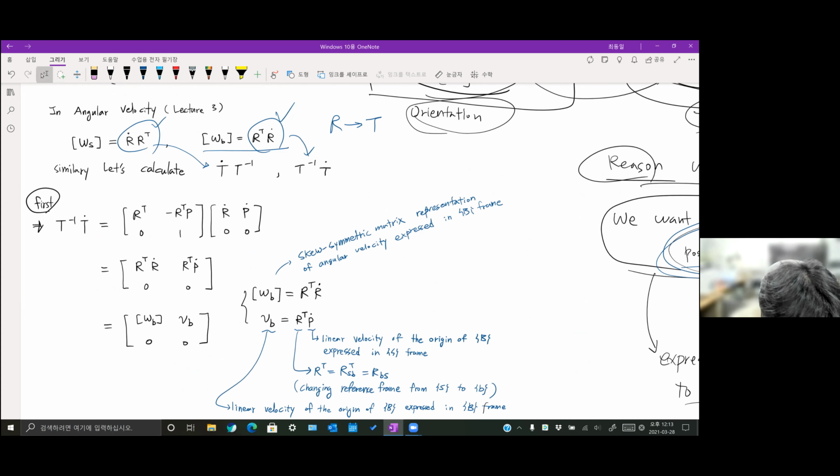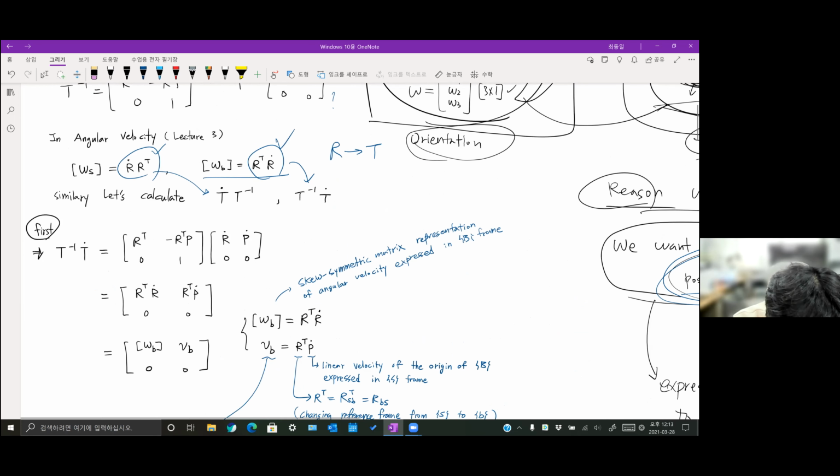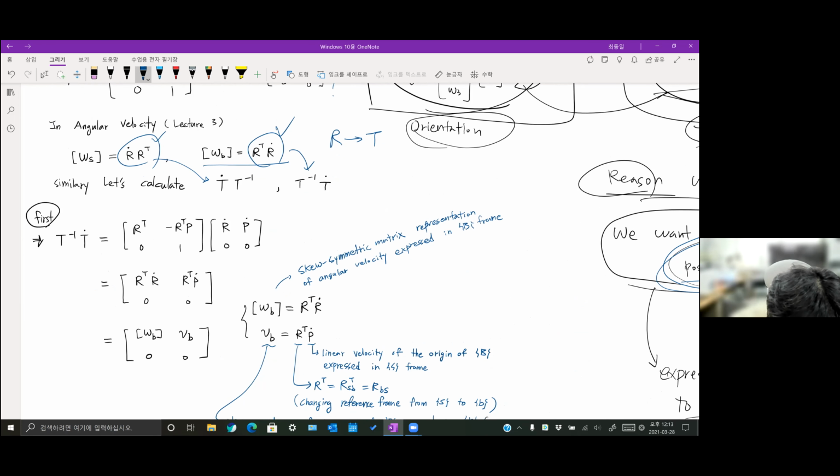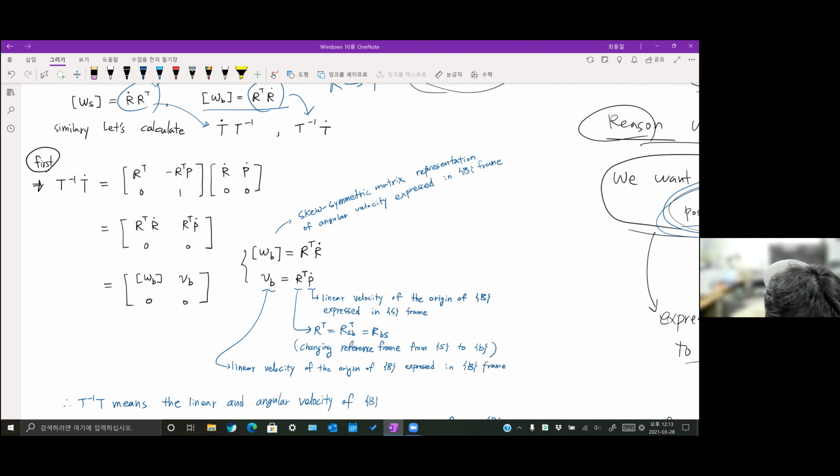So T inverse is here, and T dot means this one. And by multiplying this one, we get this matrix. And it was the body angular velocity, the skew symmetric matrix of body angular velocity.